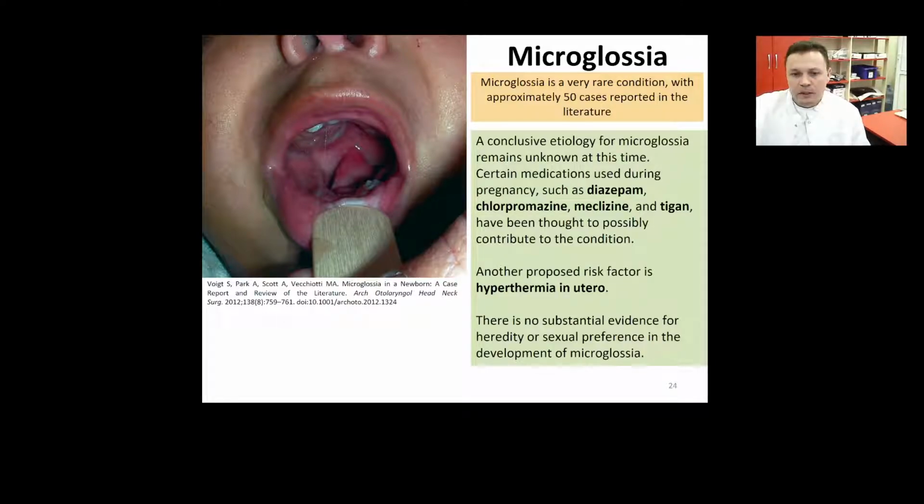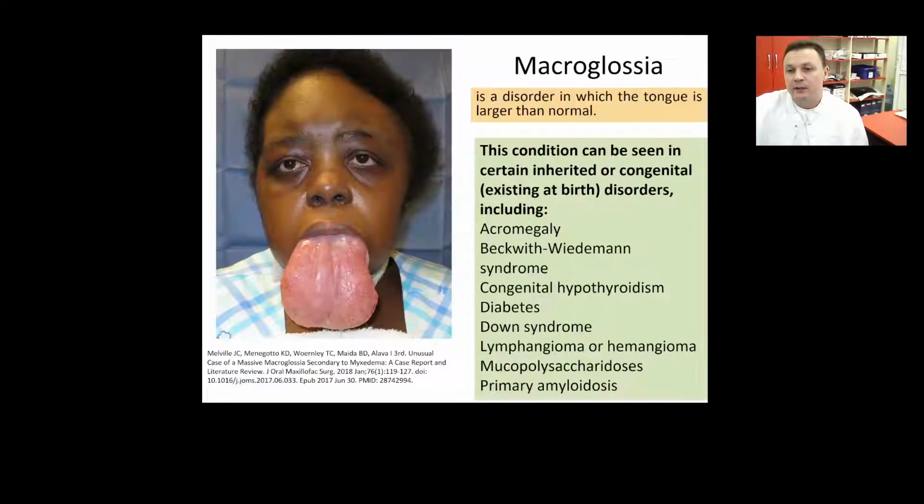There is no substantial evidence for heredity or sex preference in the development of microglossia. Congenital syndromes associated with some cases of microglossia or aglossia include Hanhart syndrome, Charlie M syndrome, Robin sequence, or Nager syndrome. Several cases of microglossia have been associated with situs inversus or dextrocardia.